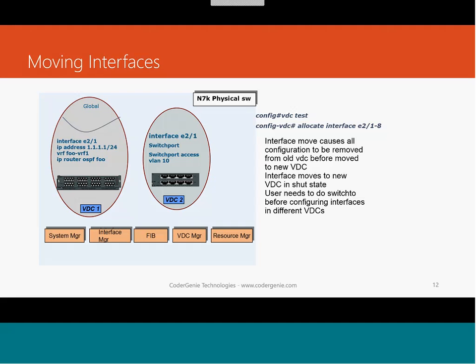One question. When you add a line card to the chassis, and you have, say, 4 VDCs, where does the line card come up? It will be part of VDC1.